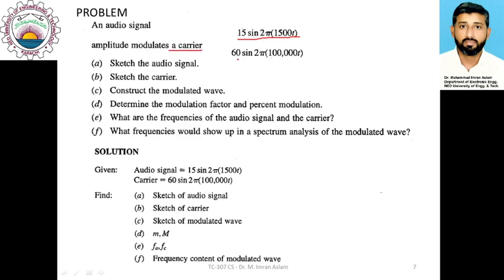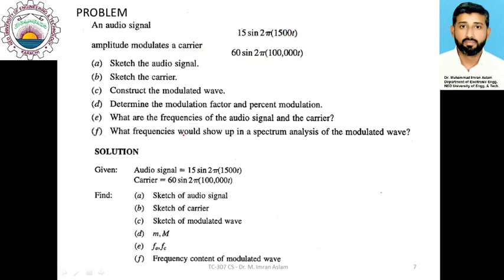We have a carrier wave, which is 60 sine 2 pi 100,000 t. We want to sketch the audio signal and the carrier wave, construct the modulated wave, and calculate the modulation factor or percentage of modulation. Also, we want to identify the frequencies available in this system in parts E and F.